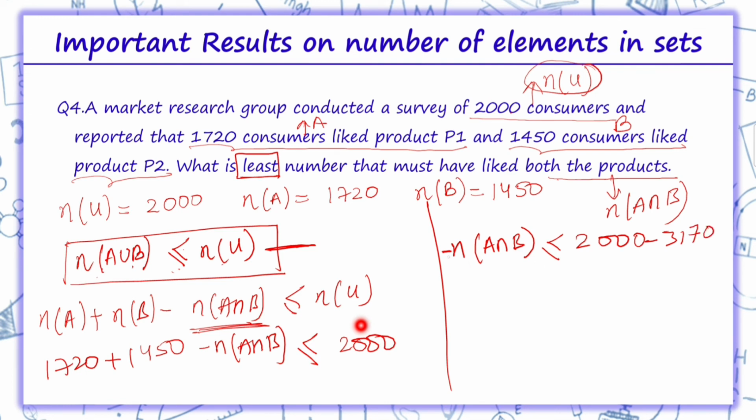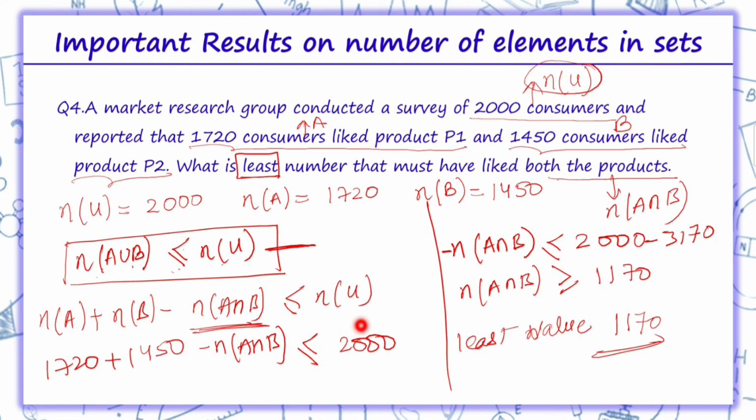On solving, this minus sign will shift to that side and the sign will be changed. So n(A intersection B) will be greater than or equal to 1170. Now in this question they ask for the least number, so the least value that liked both the products will be 1170. It can be greater than 1170 or equal to. Since they have asked for the least value, our answer will be 1170.